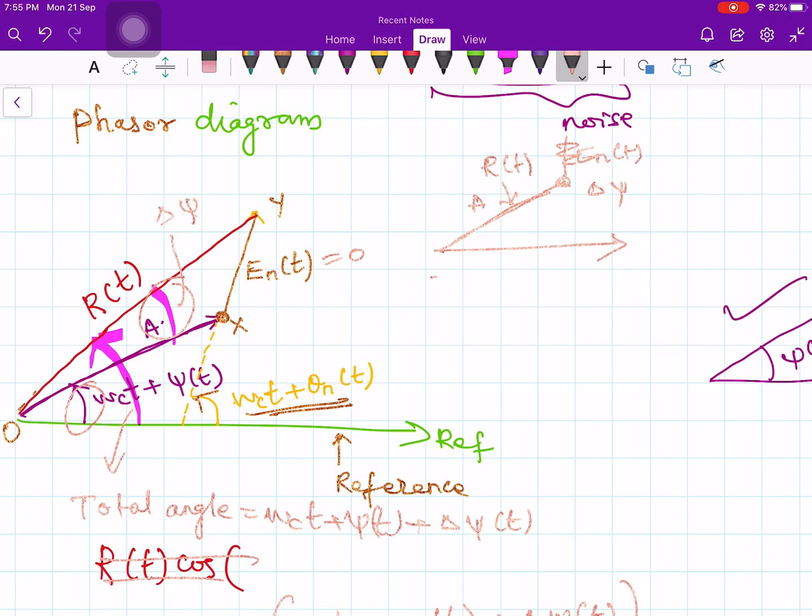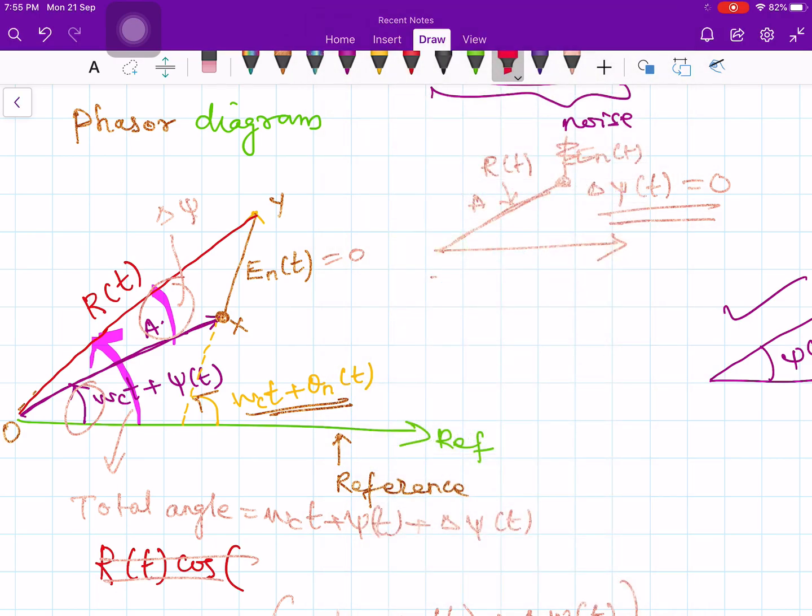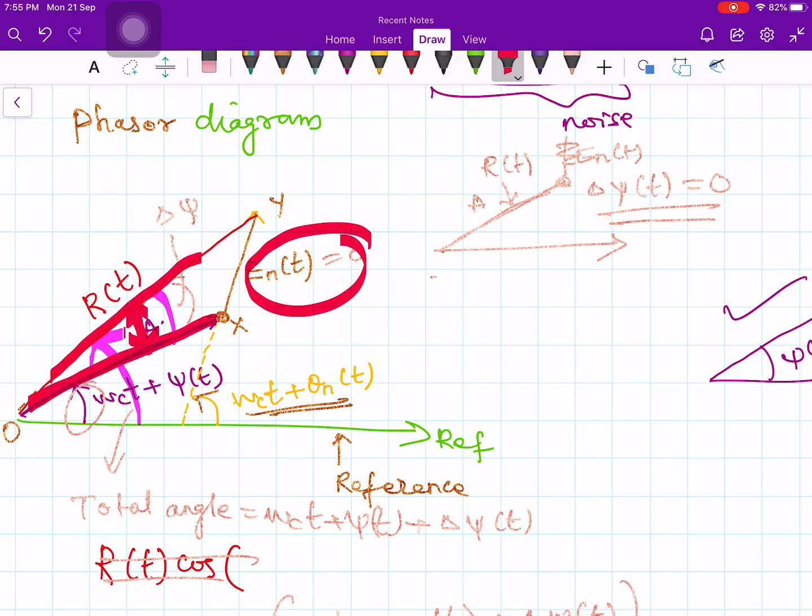Delta psi of t is equal to 0. If the noise component is not there, then this angle becomes 0. The resultant r of t would be the same as this line.